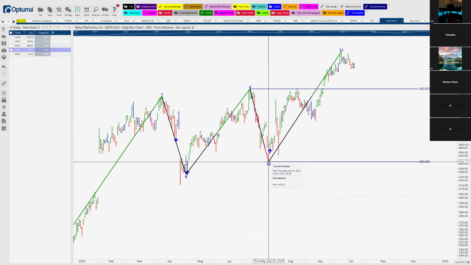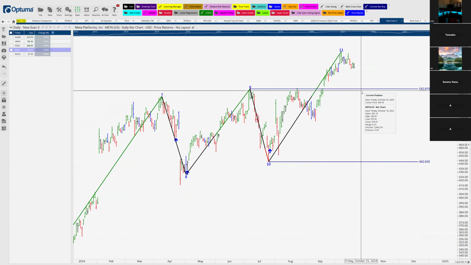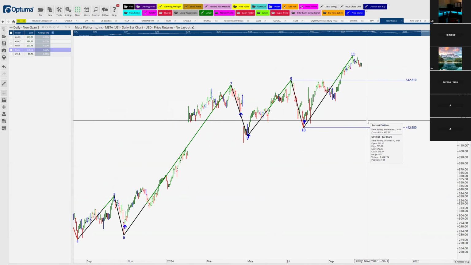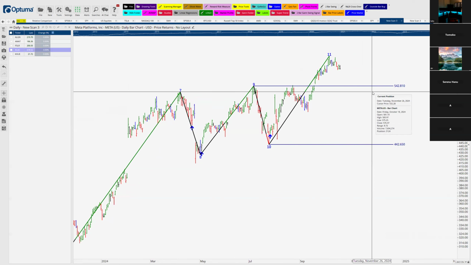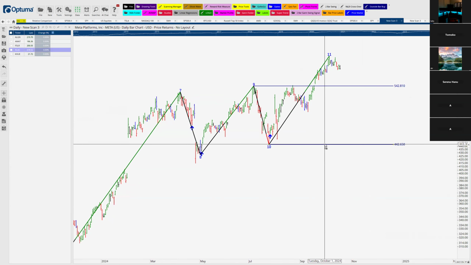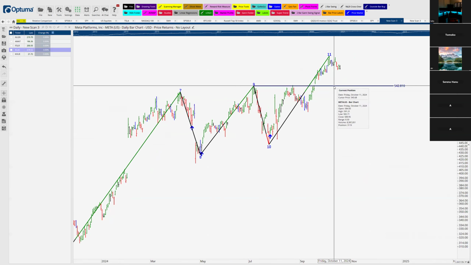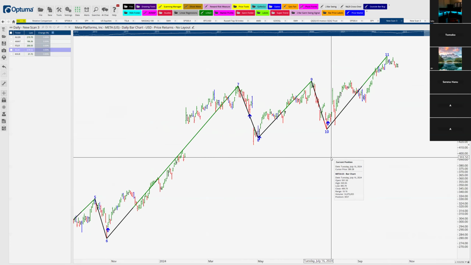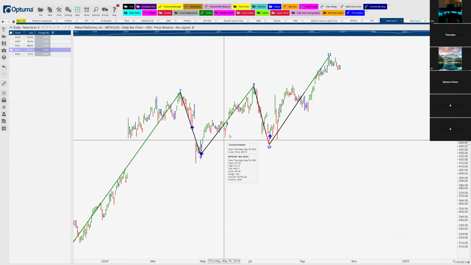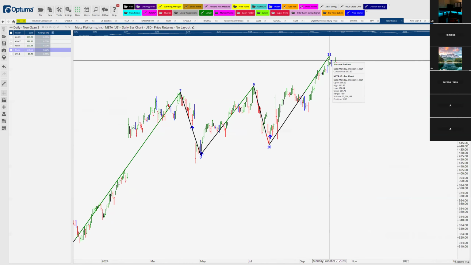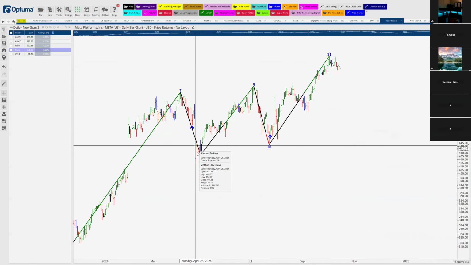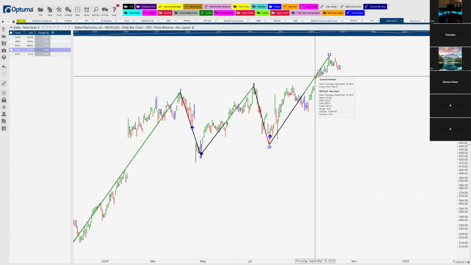You need to take out this low. Right now it's an 11. To me, this looks like an ending diagonal. You could stay up for a while. You see right there how price is starting to contract, and these swings are starting to become narrow.